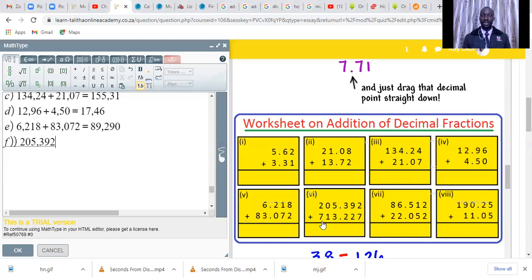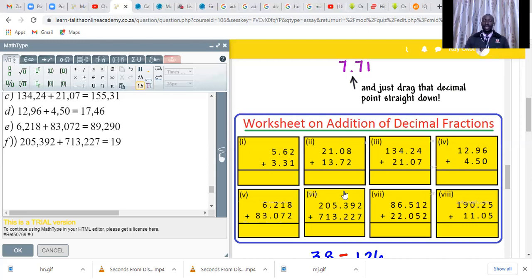This is being added to 713.227. Yes, 0.227. So how do we add that? Well, we come here and add 2 to 7 so that we get 9. Then we add 9 to 2. That will be 11. We write 1, we carry 1 right on top of 3 here.